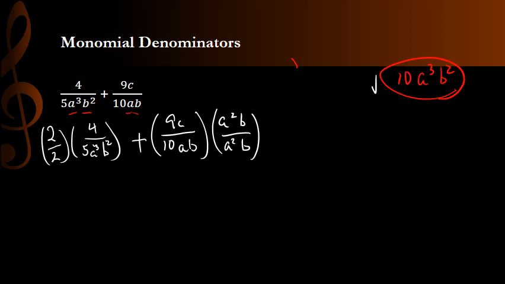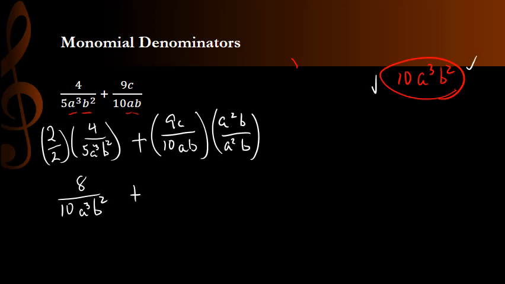So it's the same thing. Now let's distribute what we've got. I'm multiplying two fractions: numerator times numerator. 2 times 4 is 8 over 2 times 5 is 10a cubed b squared. That's my least common denominator.